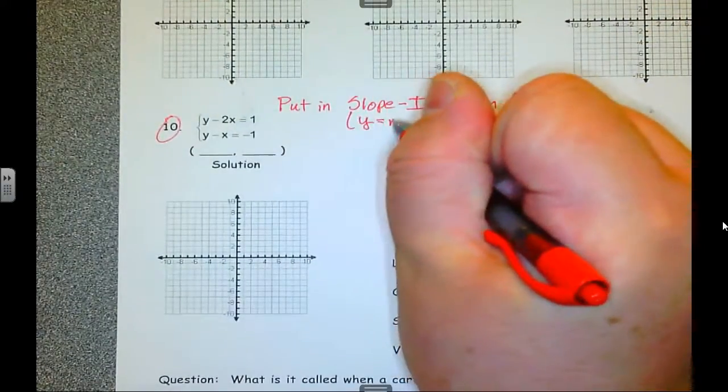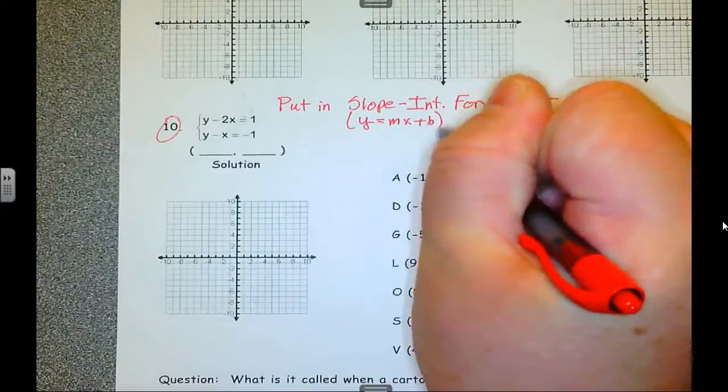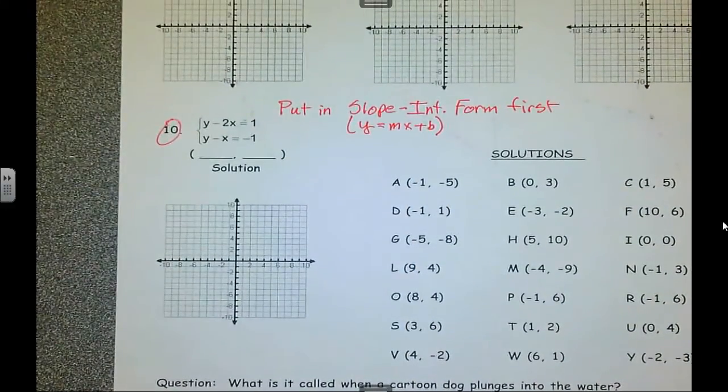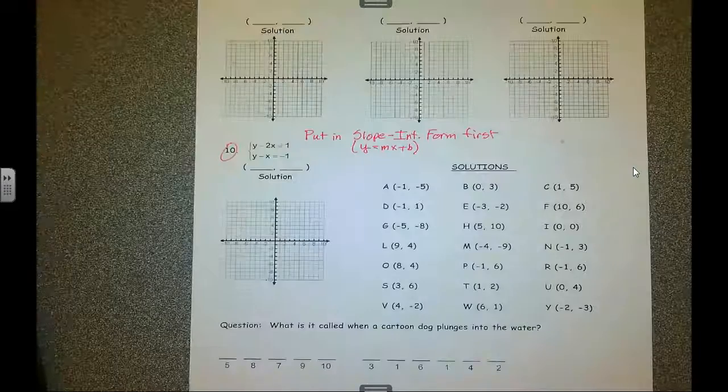Y equals mx plus b. Okay? Questions, comments, concerns? You guys know what you're supposed to do now? Wonderful. You've got almost 20 minutes, if not the whole 20 minutes, to do this worksheet.